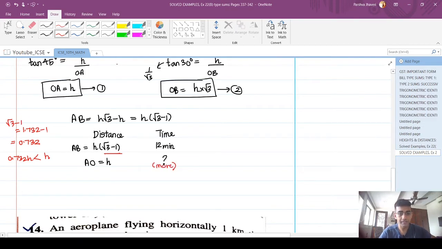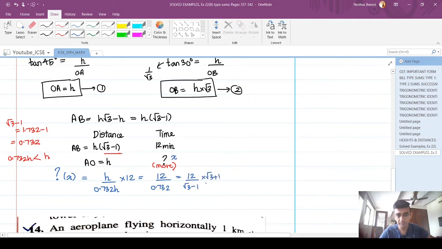Therefore, for unitary method, the question mark, or let's call it x, okay? Let's call this the random variable x, will take more upon less, that's 12 divided by 0.732, or 12 divided by root 3 minus 1.